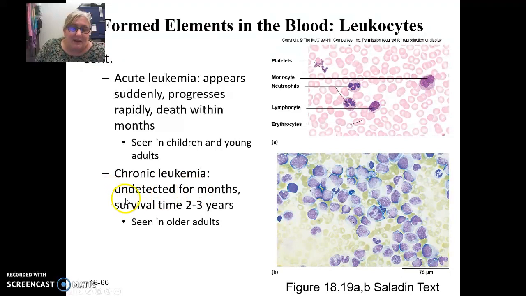Chronic leukemia is a slower growing leukemia that sometimes can go undetected for many, many months. Typically, the survival time in chronic leukemia is much longer than in acute leukemias, but again, you have to start the treatment to be able to fight the infection.